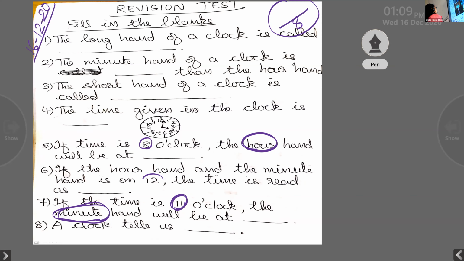We discussed all the questions now, so I think there is no need for confusion. It's easy. Even the spellings we have discussed now. So do it fast.